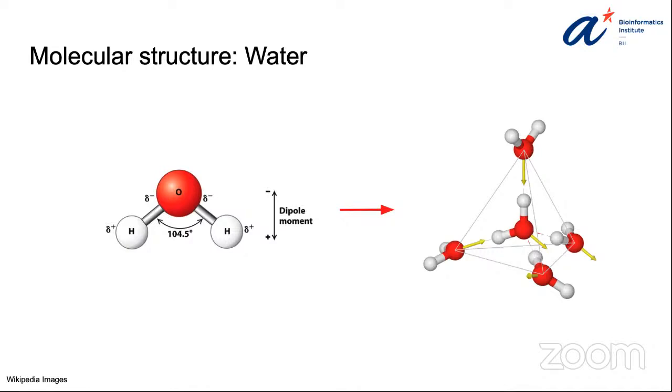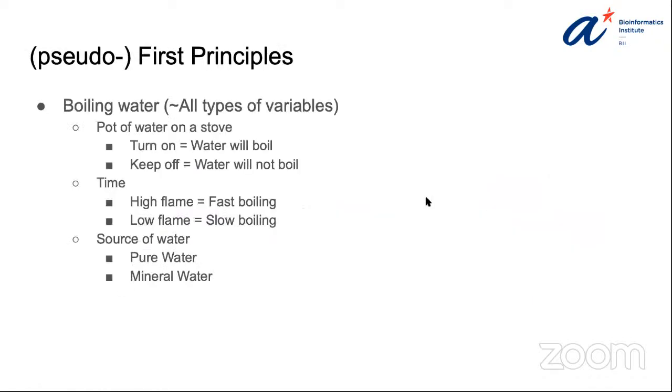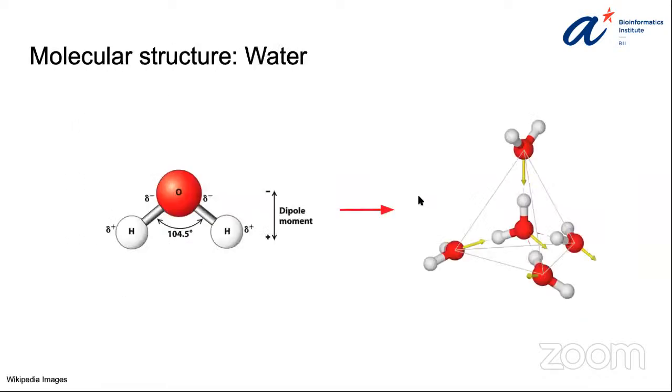Water contains molecules, and these molecules have certain biochemical or biophysical properties, depending on which area you're in. For example, water molecules have dipole moments, right? And based on these dipole moments, water assumes a certain arrangement when it's in a liquid state.